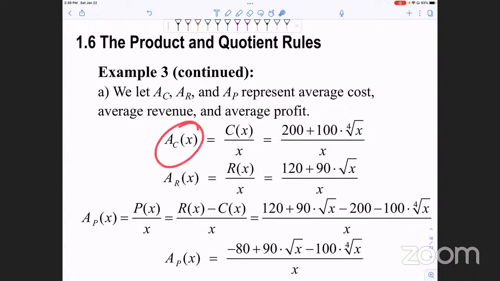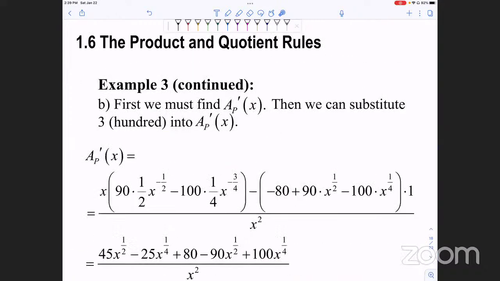Average cost, C of X over X, we got that, and I don't think they simplified a lot, they stopped there. So we got these, those were okay. Good. So the average profit was basically the revenue minus the cost over X. We got that, and I think we got this, right? So that looks good. So then first we got to find A prime.